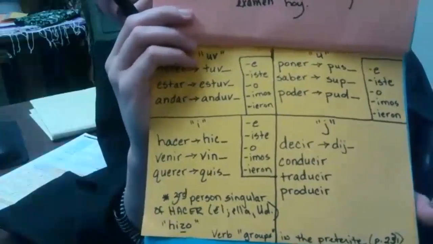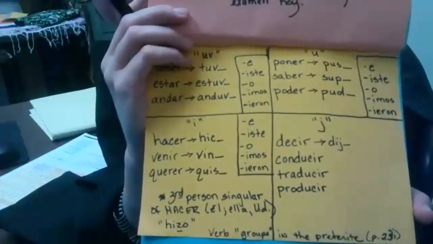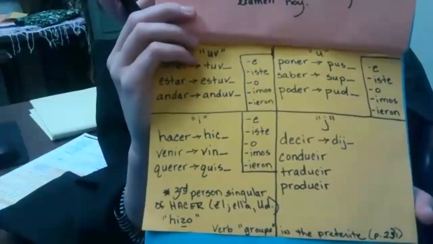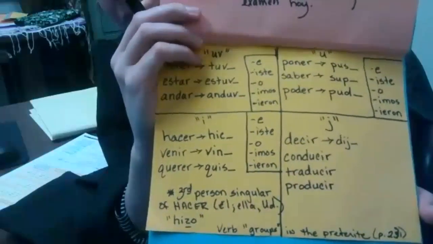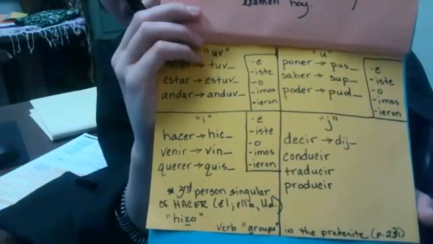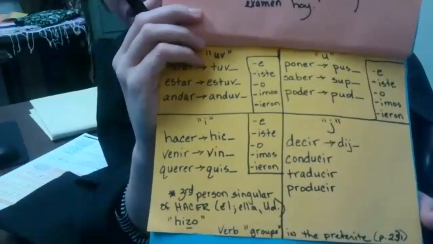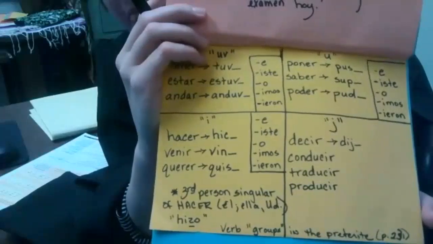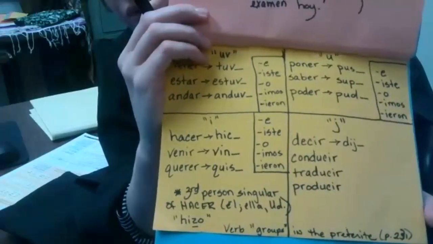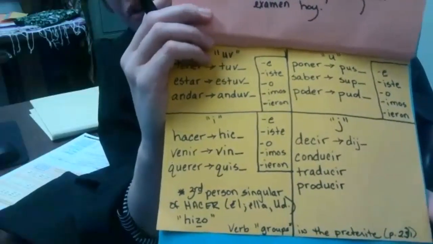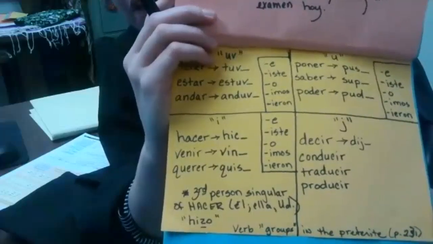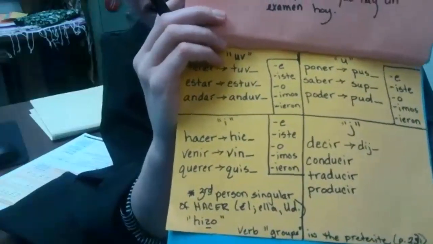And these are conducir, traducir, and producir. Conducir means to drive. Traducir means to translate. And producir means to produce. These all change in a similar fashion.